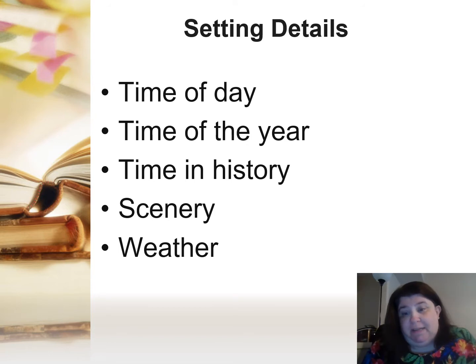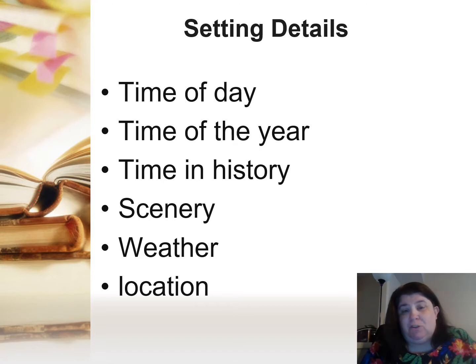Is it stormy or is it sultry and hot? Those play a part as well. The location, just where it happens. Is it on a farm? Like I said, that kind of goes with the scenery. The scenery is more of the backdrop, where the location is more like where it happens.